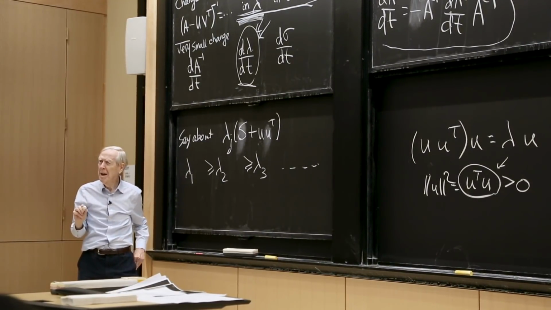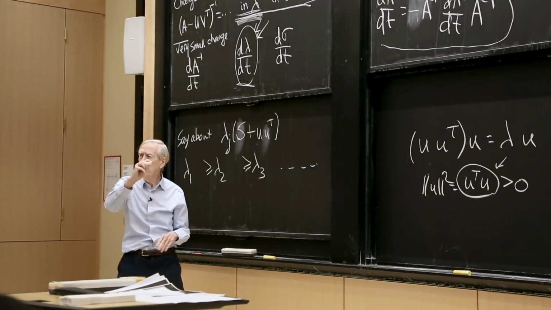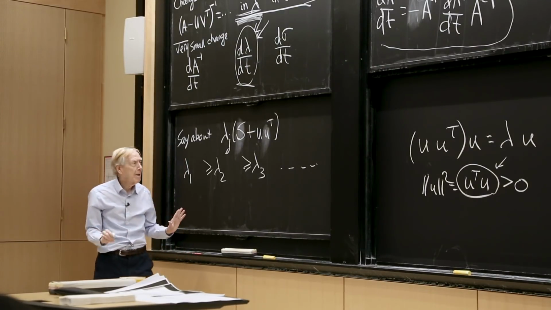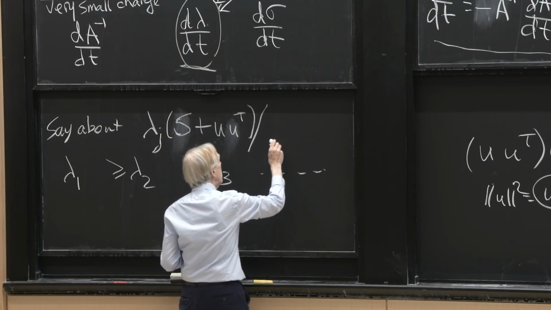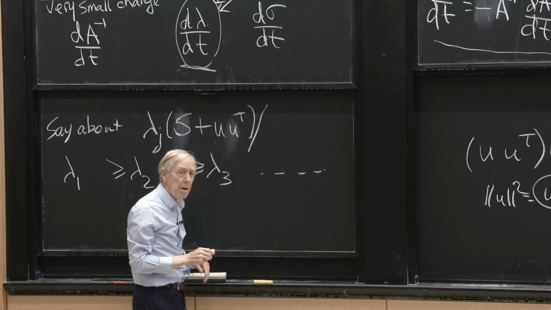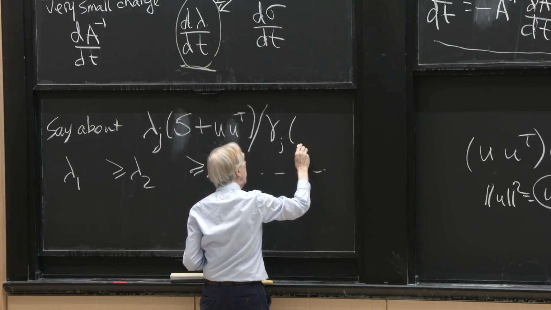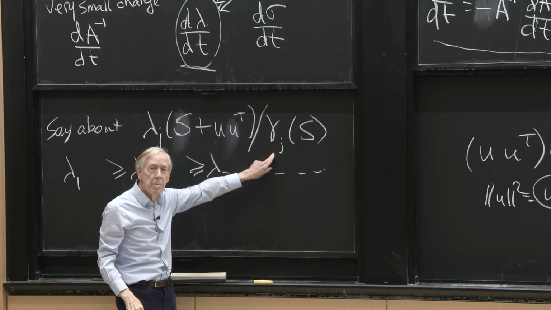Zeta seems to me like the world's toughest letter to write, and electrical engineers can coolly flush off a zeta, but I've never succeeded. So I'll write, what did you say? Gamma. Gamma j of the original.